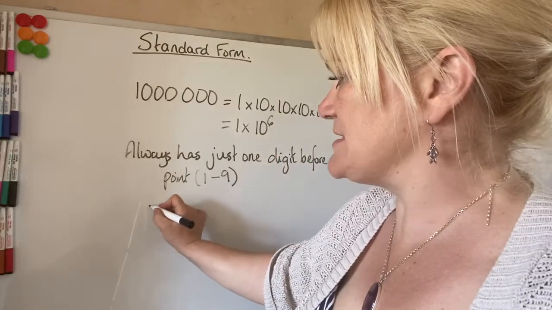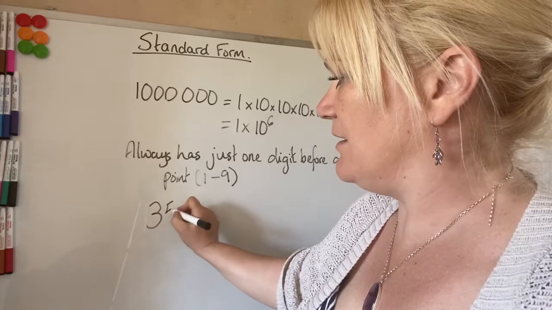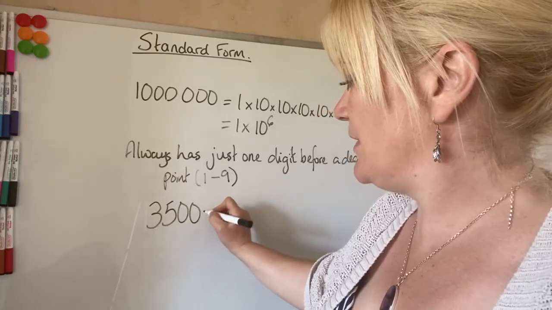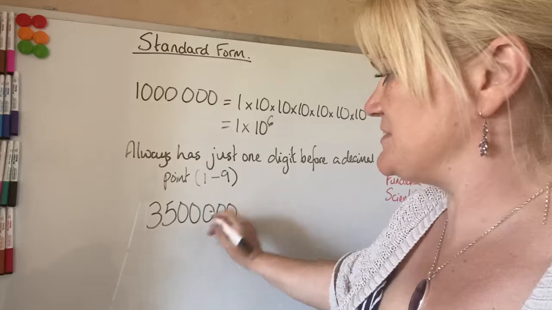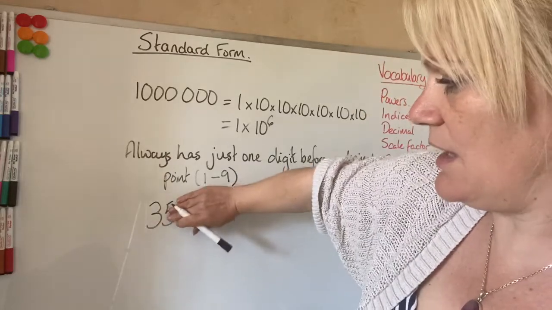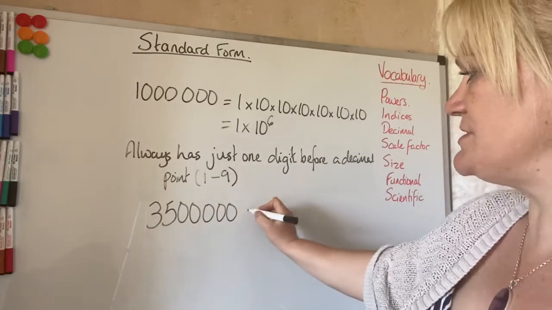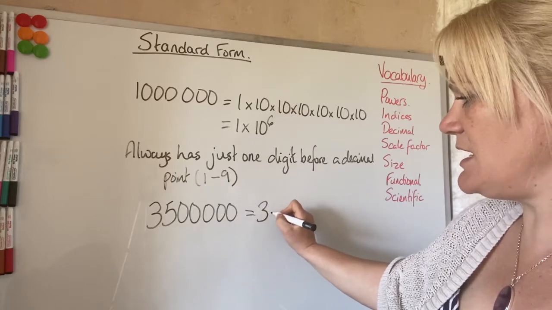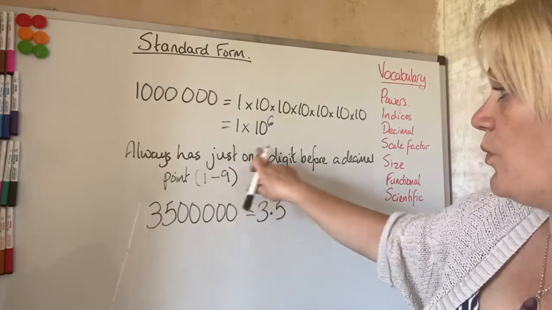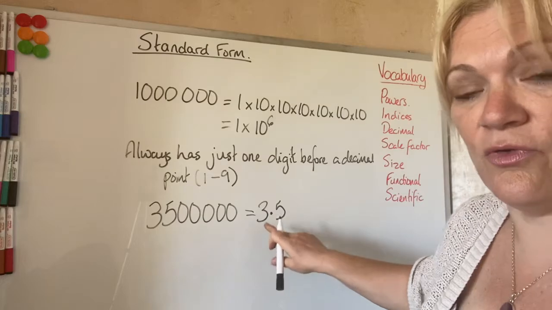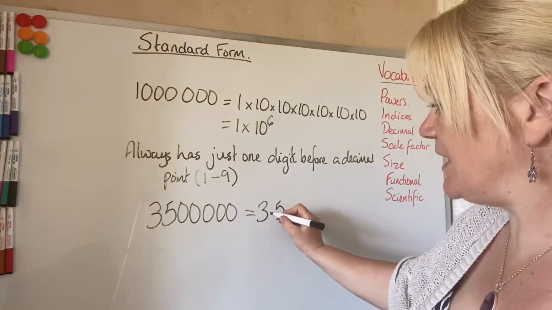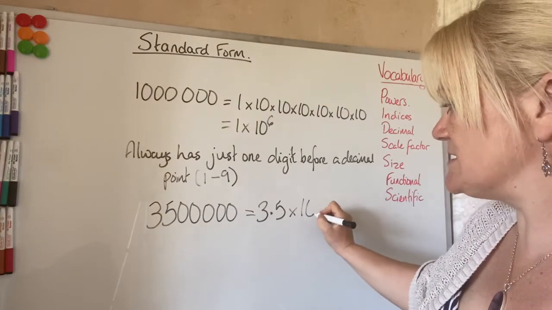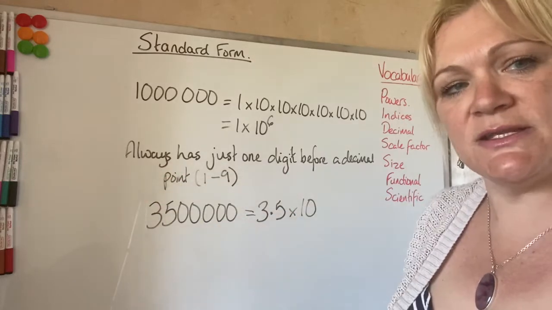So if we had, for example, 3,500,000, so this time we're only going to have 5 zeros, we would write that as 3.5, just one digit, the 3, before the decimal point, then our 0.5, and then we'd put it times 10 and we'd have to work out to the power what?